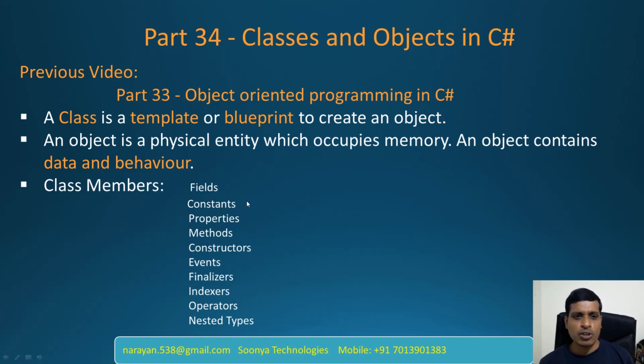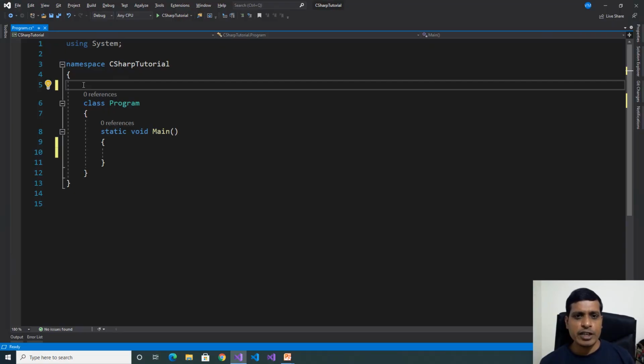Now we'll discuss class and object using Visual Studio. Launch Visual Studio and create a C# console application. Here I need to store information about multiple students, so I will create a class. To create a class, class is the keyword and the class name is Student.